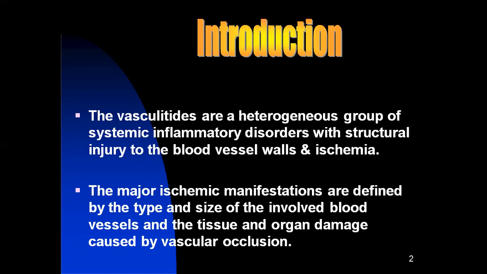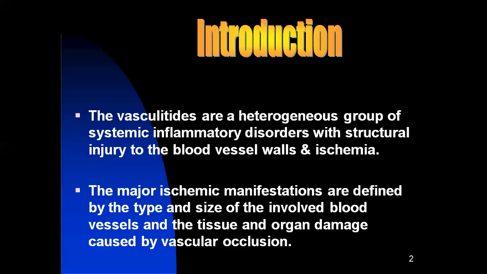The major ischemic manifestations are defined by the type and size of the involved blood vessel, and tissue and organ damage caused by vascular occlusion. So the ischemia, that is lack of oxygen, affects the organ to which this vessel provides nutrition.